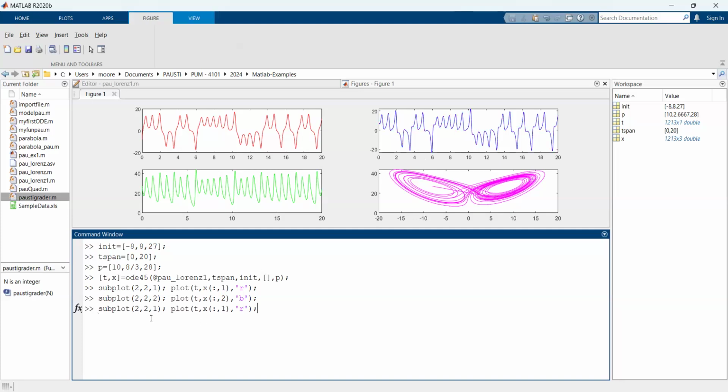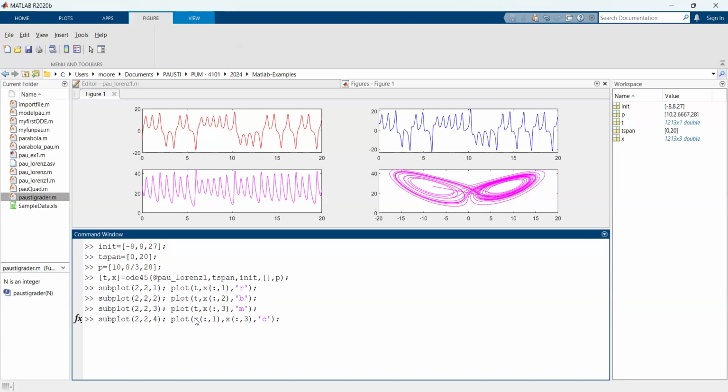And then subplot again, the third one, 2 by 2 by 3, let's say magenta. And now a fourth one, 2 by 2 by 4, then let's do x1 against x3, and now let's do green.